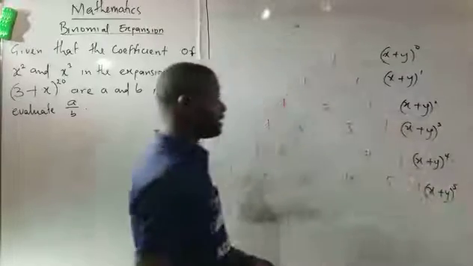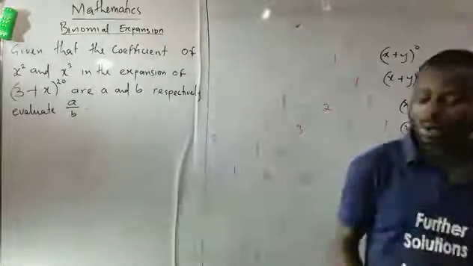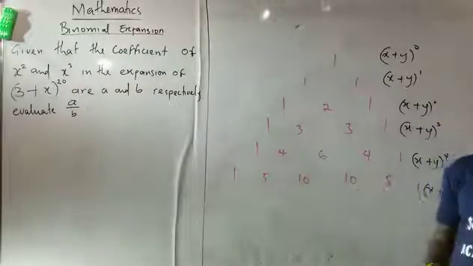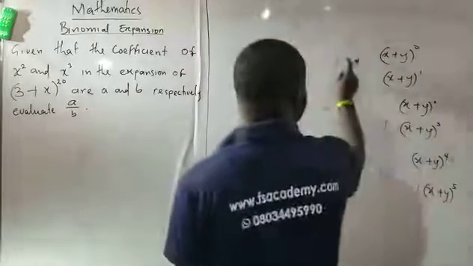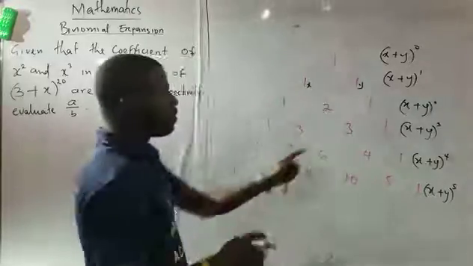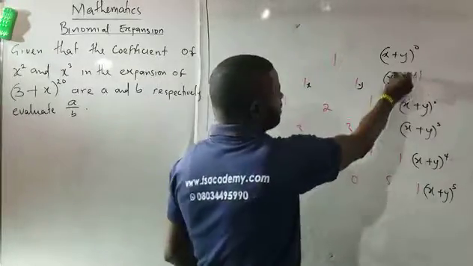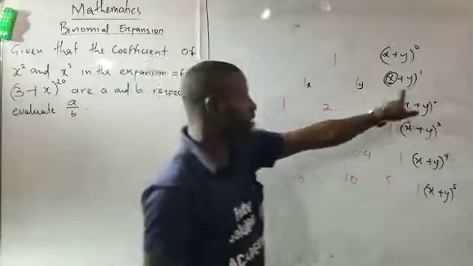Now, note that the numbers you are looking at here are called the coefficients of each term. For instance, at this point, both powers of x and y will be 0. This part will be descending, while this one will be ascending.